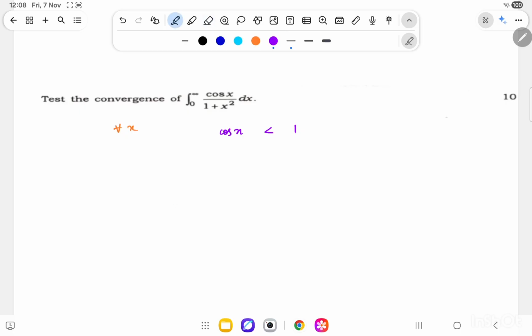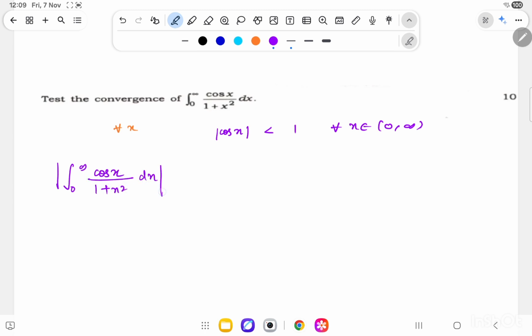So we are supposed to check its convergence. What we know is that the absolute value of cos x is less than 1 for all x in between 0 to infinity. So we'll check its absolute convergence, because absolute convergence implies convergence, so we can use that result. That is, integration 0 to infinity of cos x by 1 plus x square dx.